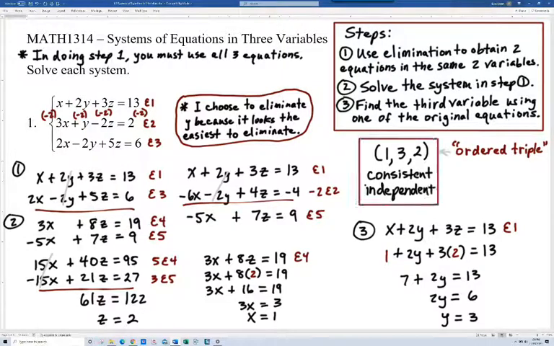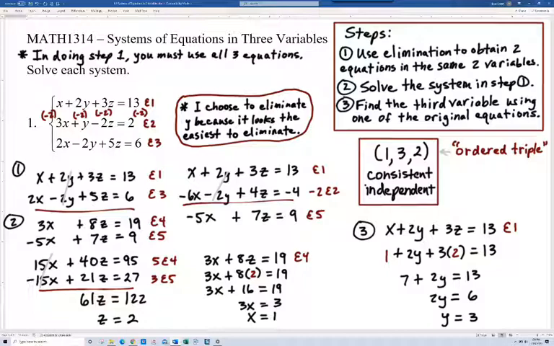Now I also want to add the other two ways that we describe our system. Remember, we had said that if a system has at least one solution, it's called consistent. And so our system here is consistent. And then the other thing we talked about was being dependent or independent.